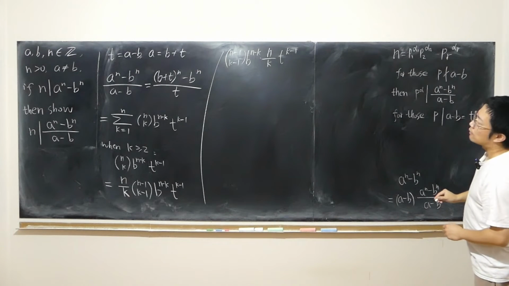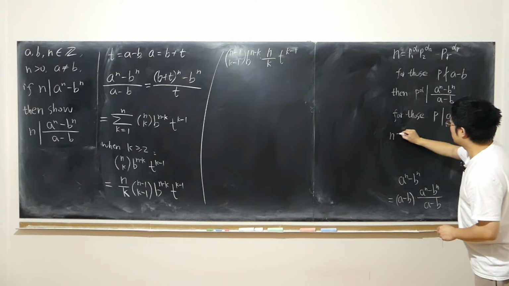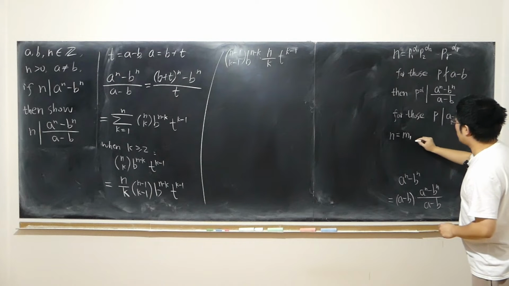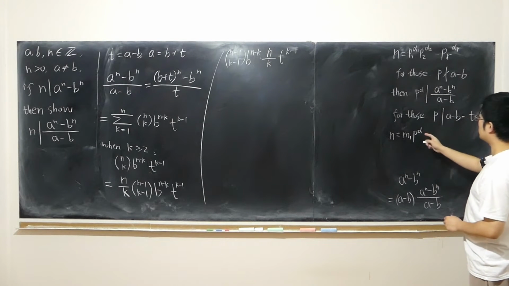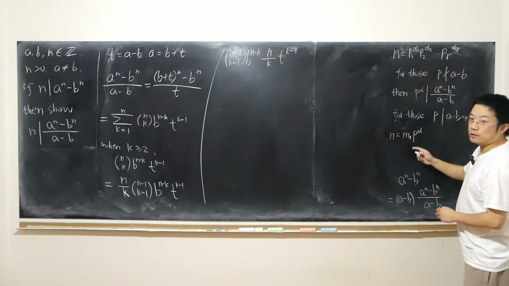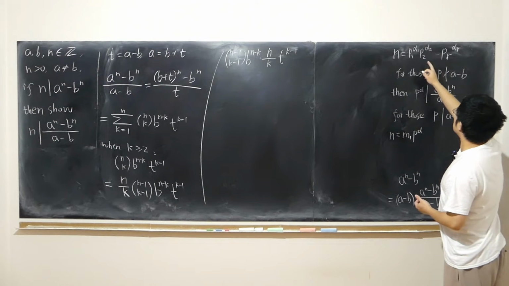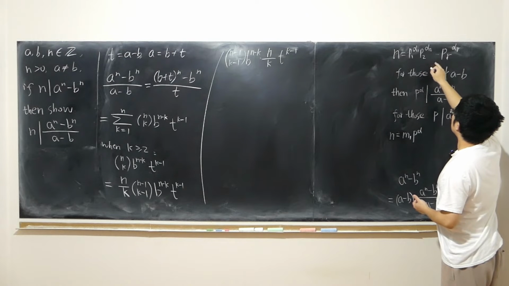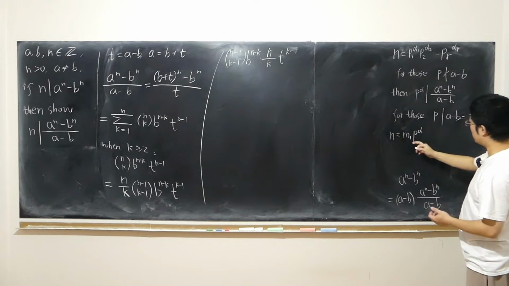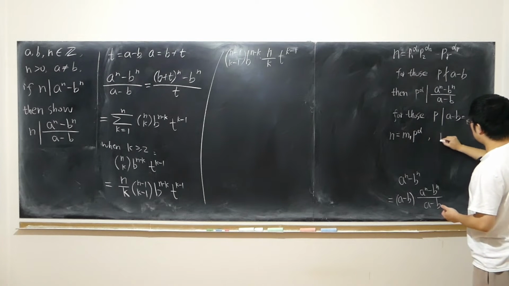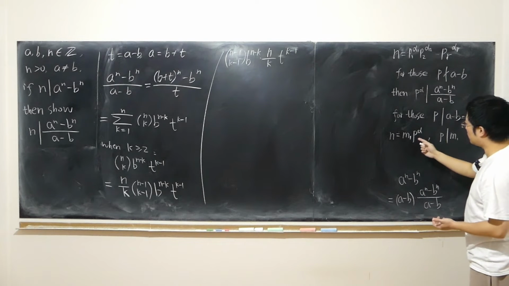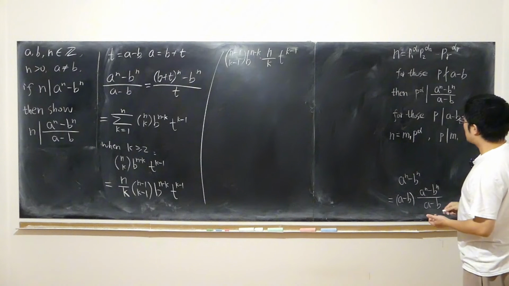Like I said, first let me rewrite n into m1 times p to the alpha. Here alpha is some fixed number; here I choose perhaps p3 to the alpha 3. In which case p does not divide m1; m1 doesn't contain any p, all the p's are here.